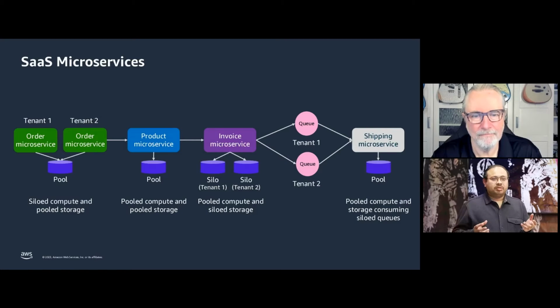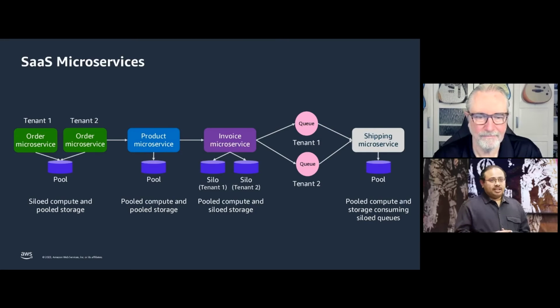So, depending on your traffic load, say there was a Black Friday sale recently. There were a lot of orders being placed by customers. So the order microservice has to scale. Whereas the shipping microservice, the shipping takes place after the fact later. So that may not scale as fast as the other microservice scales. So you have the flexibility to scale your application in different modes.